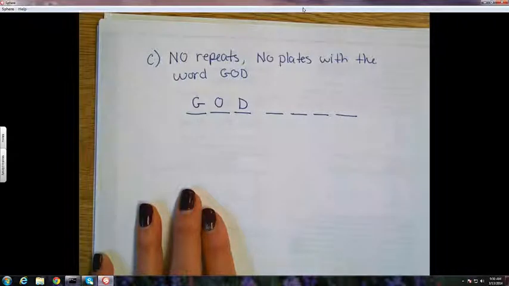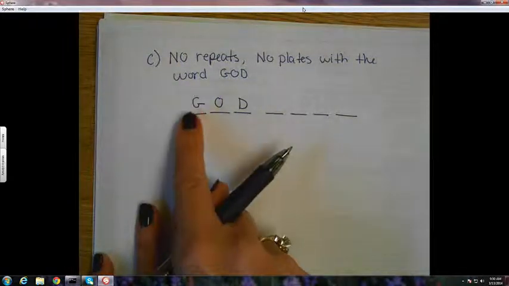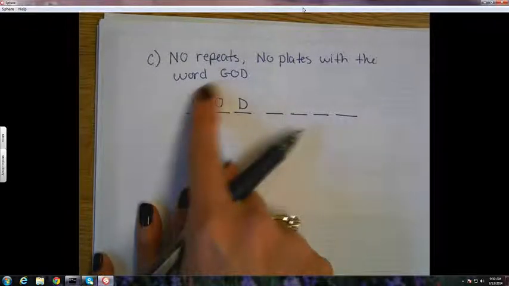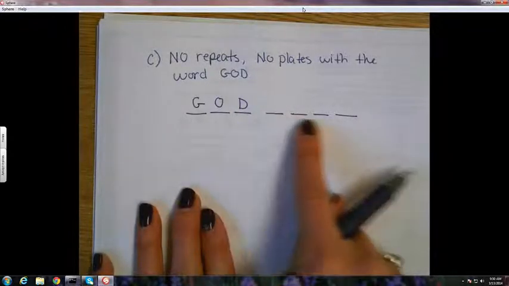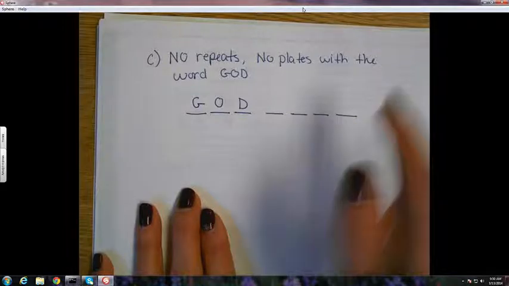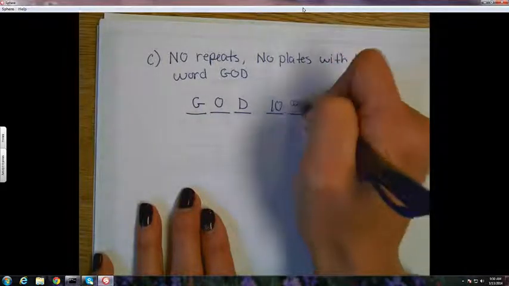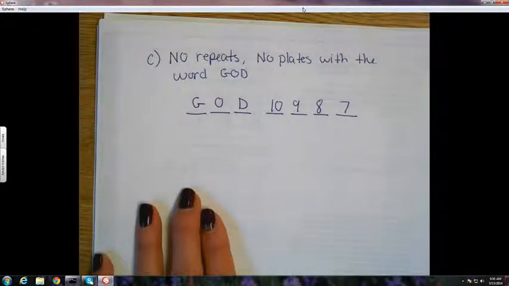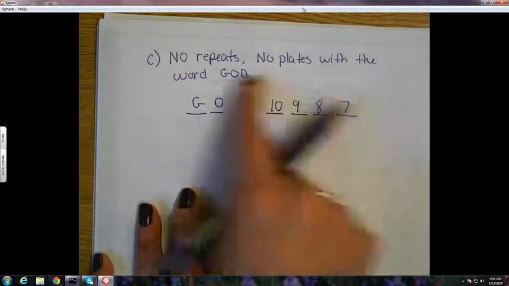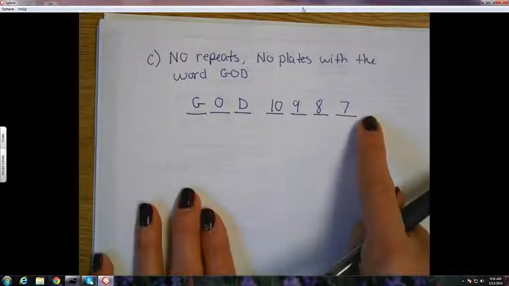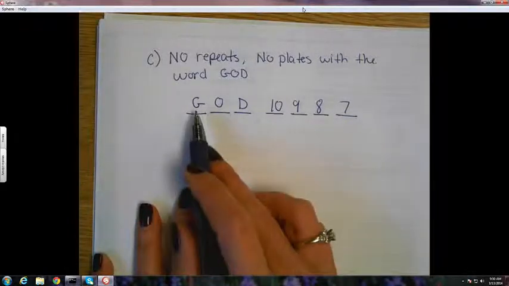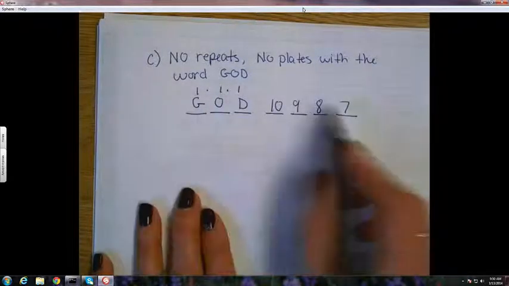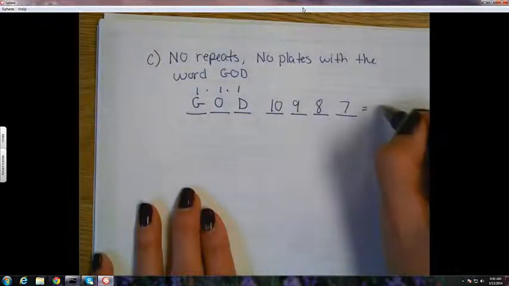Which means I would have had one choice here, one choice here, one choice here. Came up with God. But what could happen over here? 10 times 9 times 8, because of no repeats. So all of these license plates would have the word God. So how many is that? You just multiply. This is just 1 times 1 times 1 times 10 times 9 times 8. 5,040.